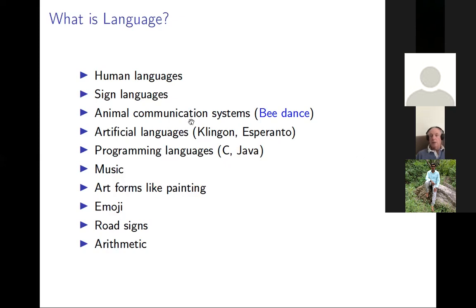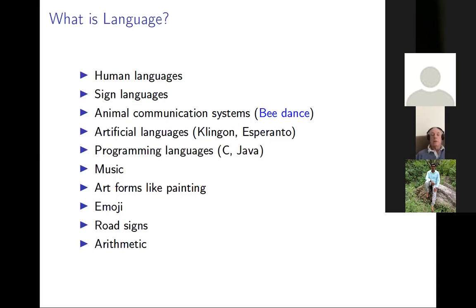Okay. So the idea is that although all of these fit our definition of language, there are significant differences. When you look at human languages, there is a kind of expressivity which is possible, which is not possible in, say, emoji.